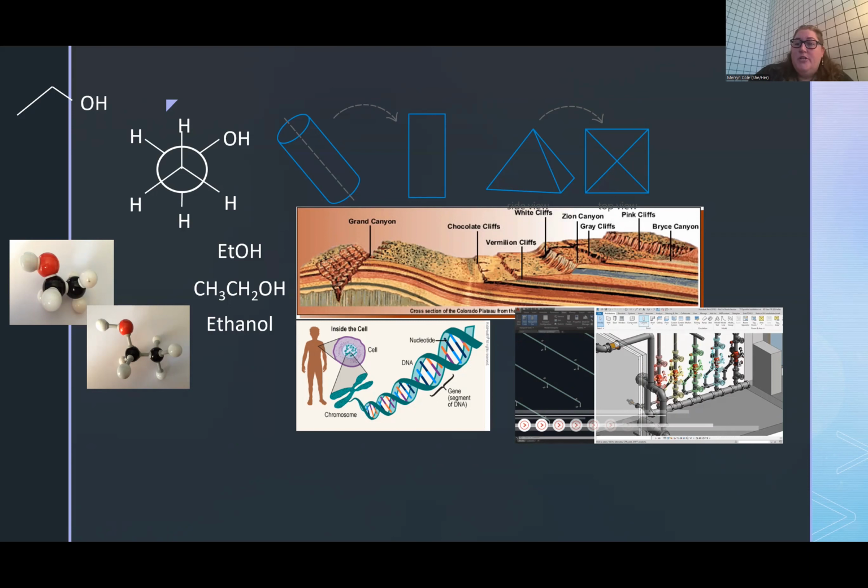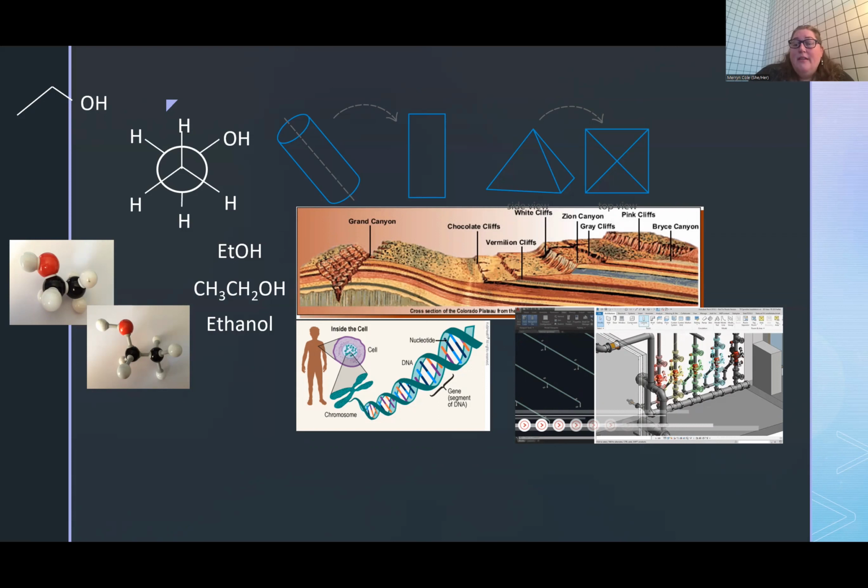Then there's an example from geoscience where we may have to consider how different landforms were formed when we can't physically go through and necessarily cut through them to see it, at least not on a scale where it makes sense at the landform level. In biology, sometimes there are things we can directly investigate, but sometimes it's either inconvenient to cut something open, or it might just be something too small like DNA, and instead we have to use models and representations to investigate these things.